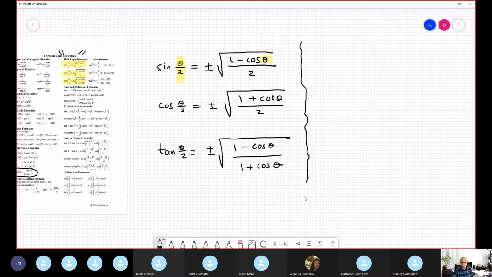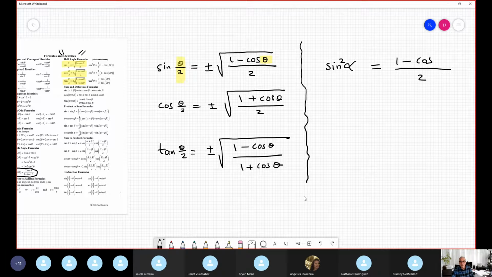So another way to write the same thing: in order to eliminate the square root, you square both sides. So you have no sine anymore, you have sine squared. On the other side, we have 1 minus cosine divided by 2. Instead of theta over 2, you can call it alpha.